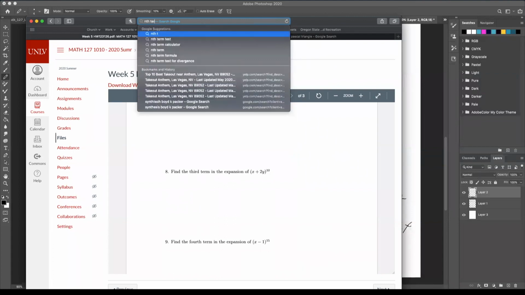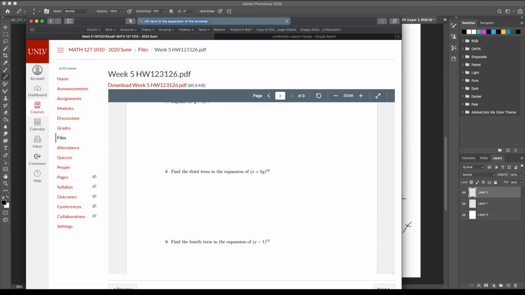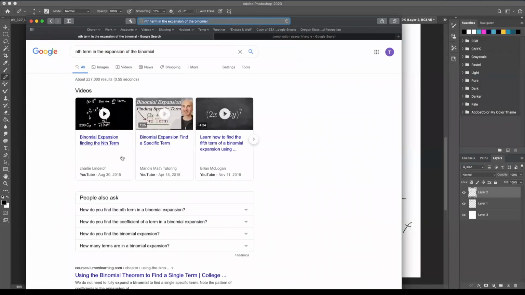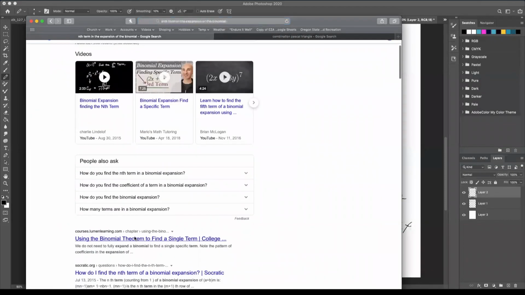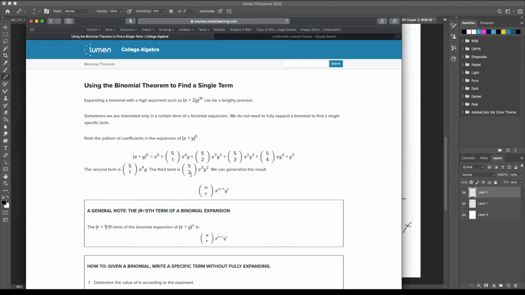So I'm trying to make it up off the top of my head. The nth term expansion of binomial. Could I just have the formula, please? The book gives it the weird way. So the third term, we can generalize to a to the r, n minus r times r.